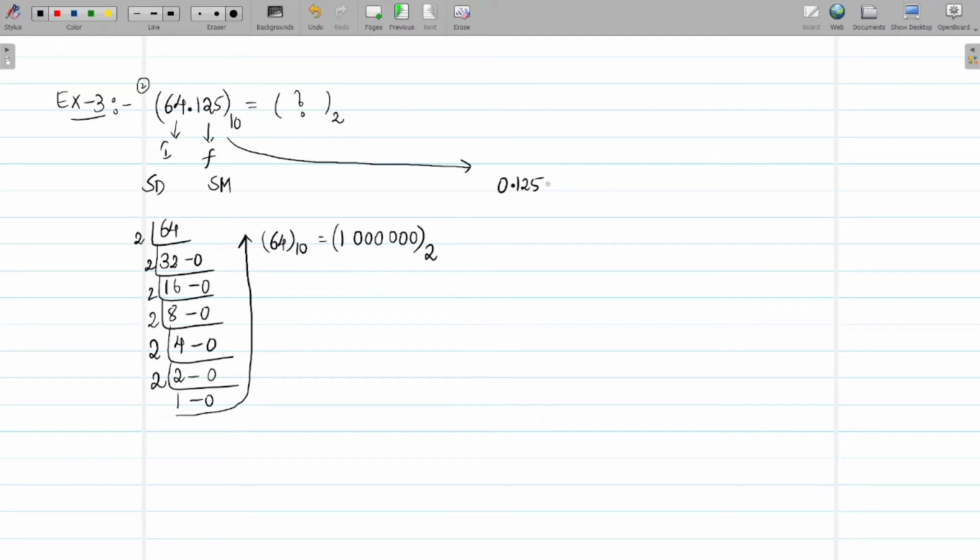So first the given fraction must be multiplied with the base into which we need to convert. So the base into which we need to convert is 2. So I am multiplying with 2.